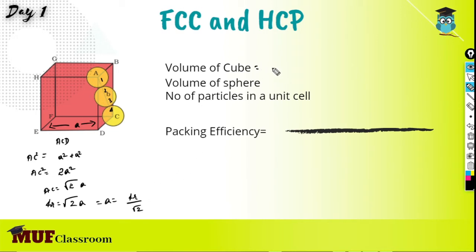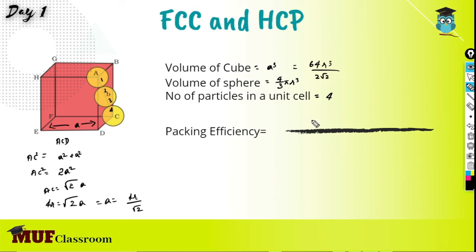So as we know, the volume of the cube is given as A cube, the volume of the sphere is 4 by 3 pi R cube, and the number of particles in FCC is 4. Therefore, A cube is equal to 64 R cube by 2 root 2.